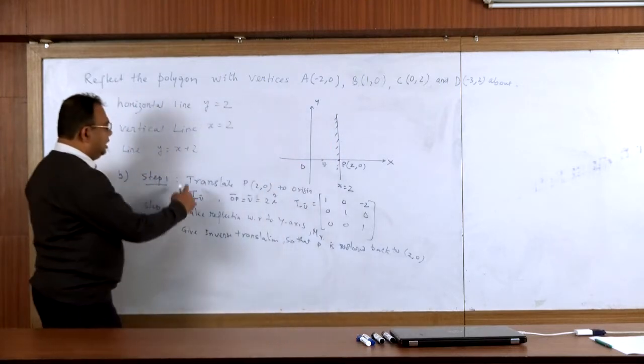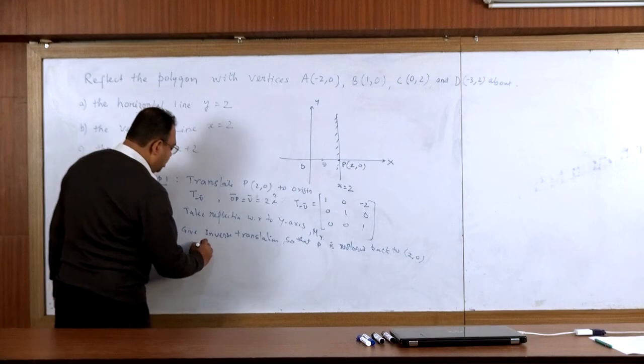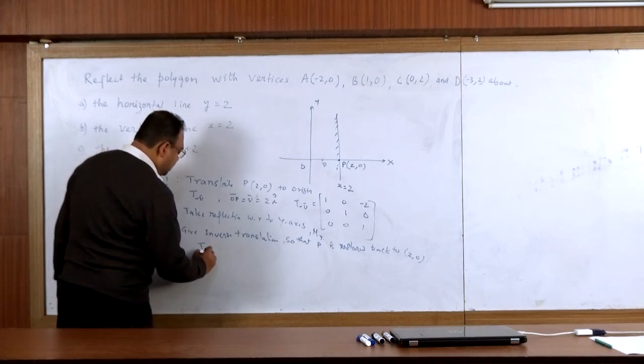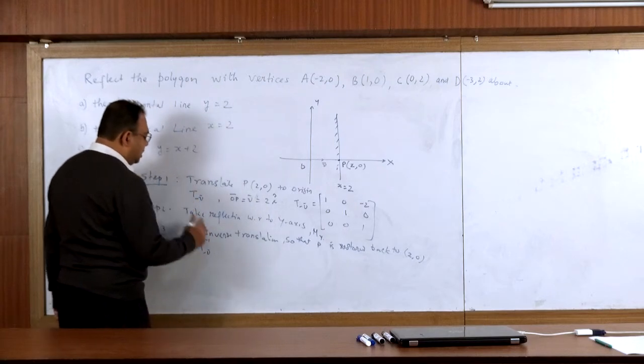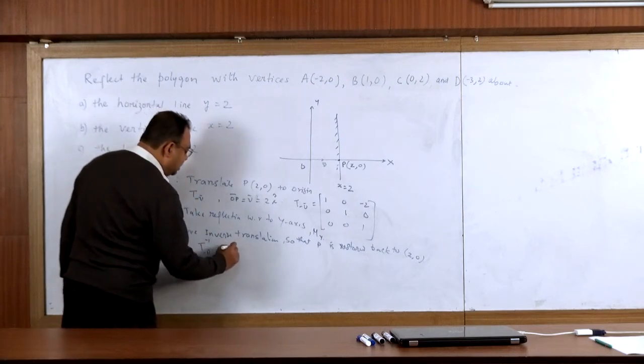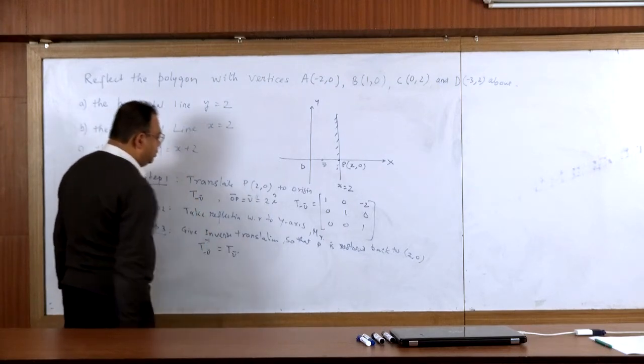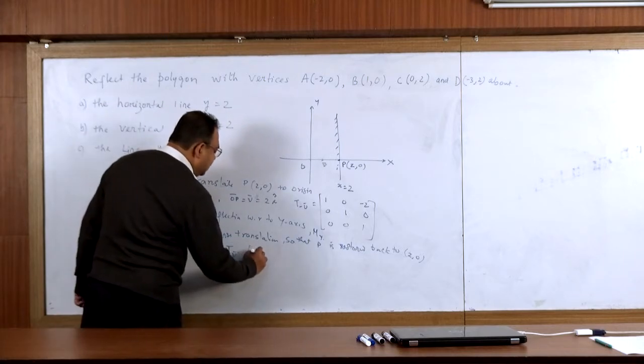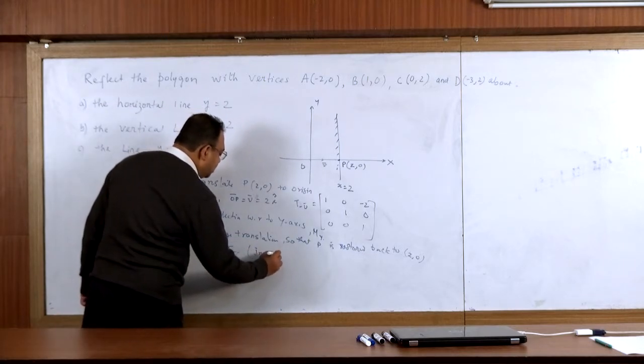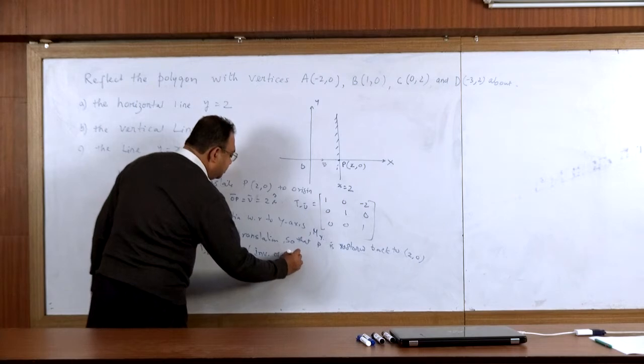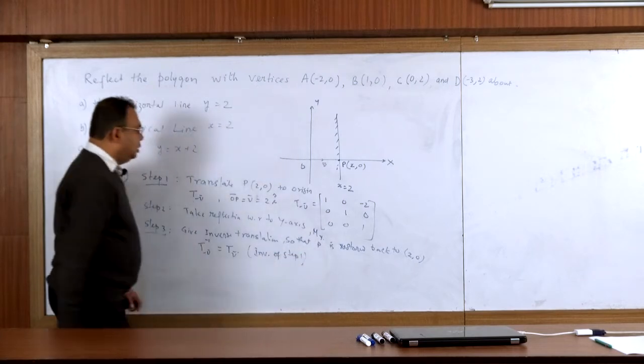So, this is basically the inverse of step 1. We are calling this T minus V inverse, the inverse of step 1. This is nothing but T V.